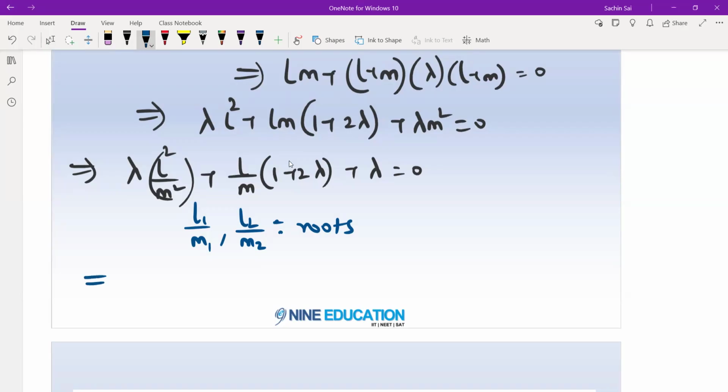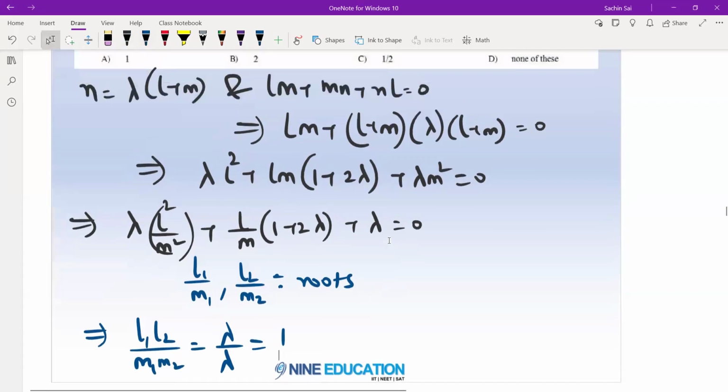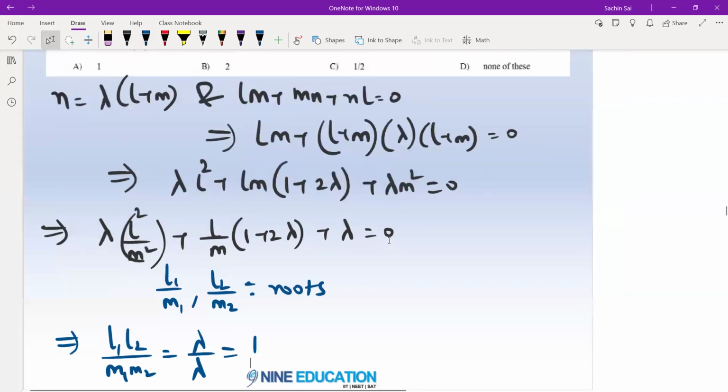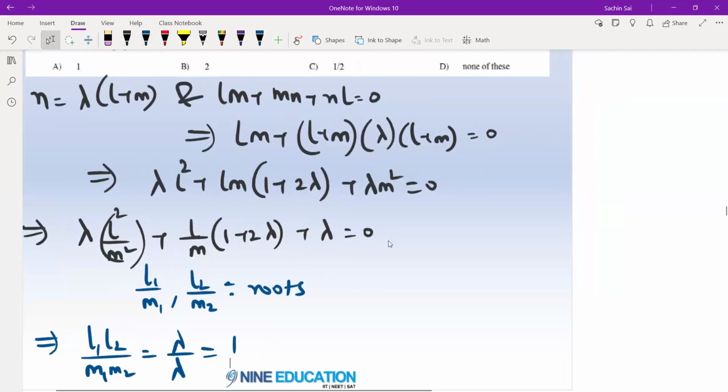From here, I can write the product of the roots, l1 l2 by m1 m2. This is lambda divided by lambda, which is 1. So l1 l2 by m1 m2 is 1. Now we would want to do the same thing with n by m. So how do I take this equation and eliminate l?